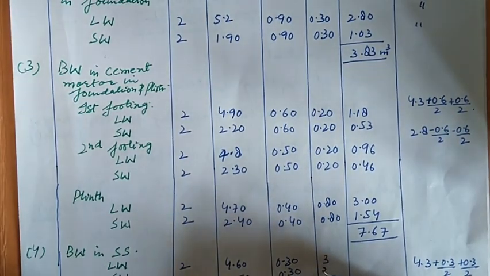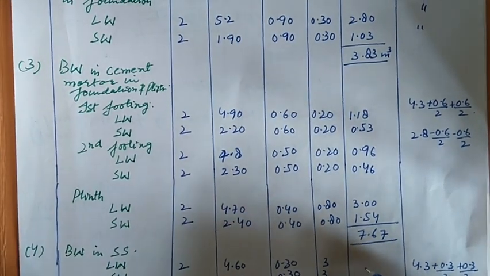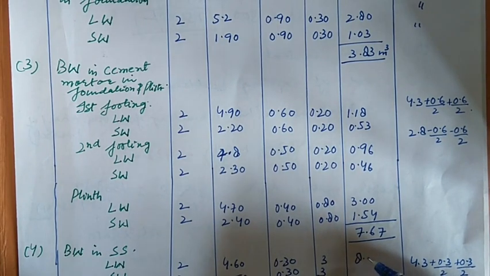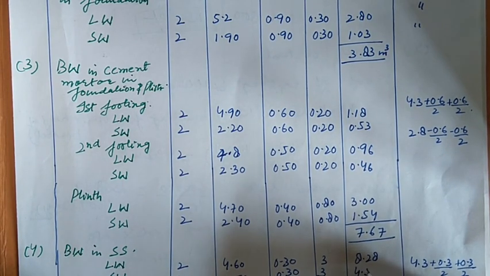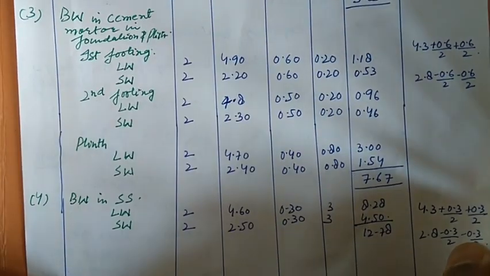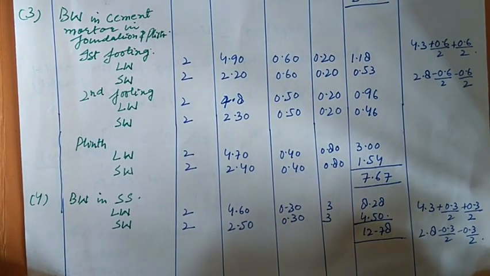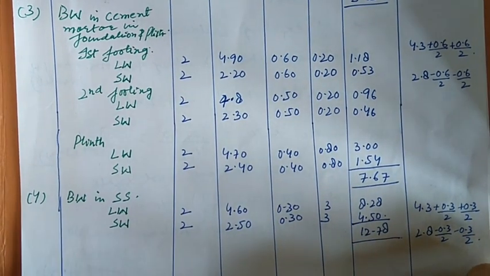Here it will be 3 and 3, so calculating it will be 8.28, and this will be 4.50, it will be 12.78. 12.78 will be the total brickwork in superstructure.